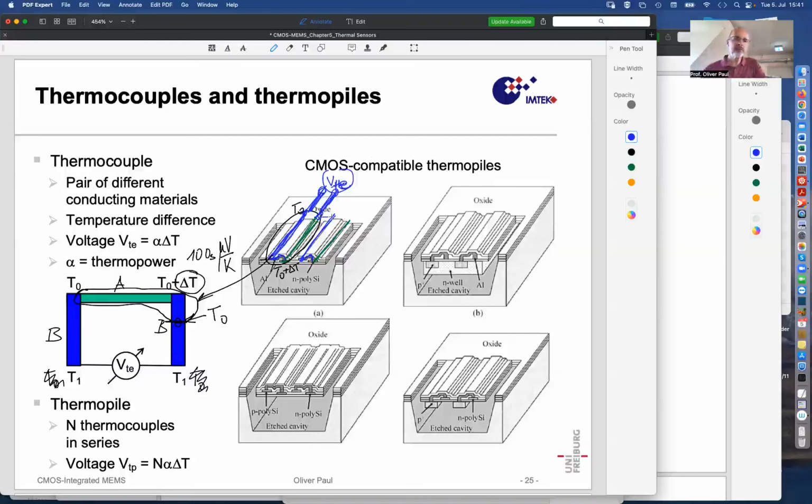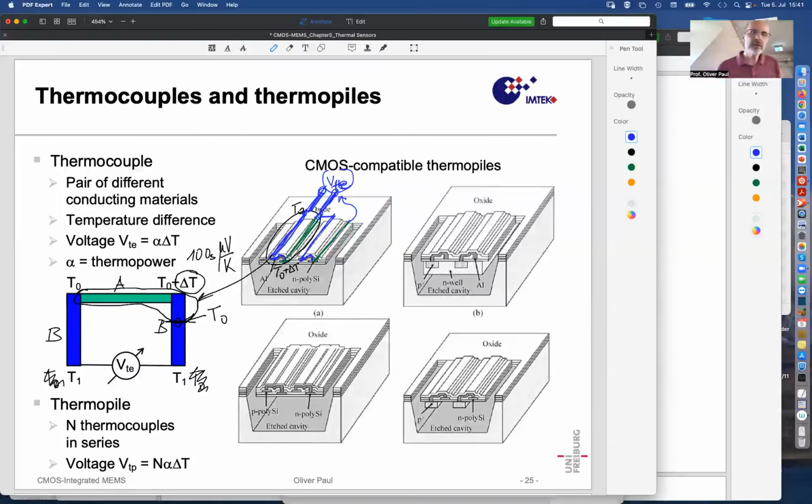And if I'm now hooking up two elements and measuring the voltage of the two elements, I'm obtaining, of course, the sum of the two outputs. Therefore, if you have a thermopile, which is a series arrangement of n thermocouples, then the voltage of the thermopile will be n times the thermoelectric voltage of the individual thermocouple, which is alpha delta T.